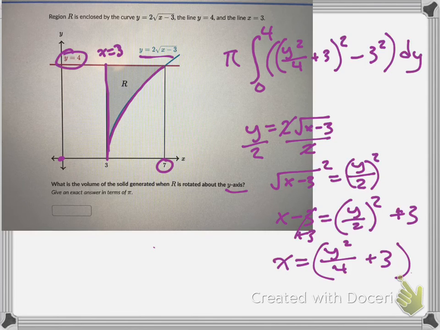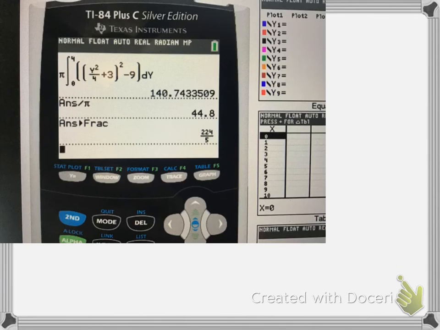Again, I'll go to my calculator and let my calculator do the heavy lifting at this point. So my calculator, I've actually just plugged all that stuff into it. I got 140.74 irrational. If I divide by pi, it's 44.8, and the calculator turned it into a fraction. So it should be 224 pi over 5 would be the volume of this funky shape.